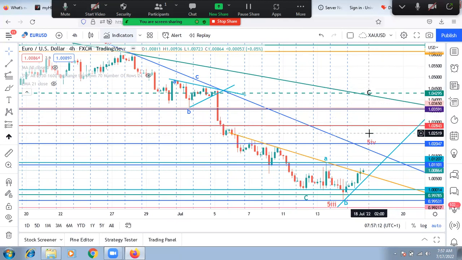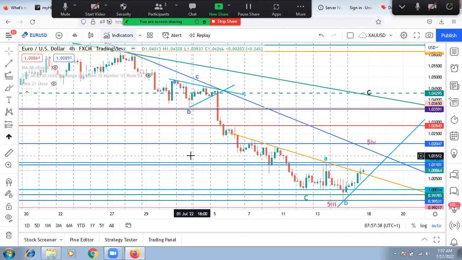But for now, we have corrected this, and this is a correction in the middle, an expanded flat, and we want to see this expanded flat finish its course around this area. And if that happens, it's the fourth wave of 5, and we're going to do a fifth wave, and we're going to see if it's going to be truncated here or push a little bit lower to the downside.